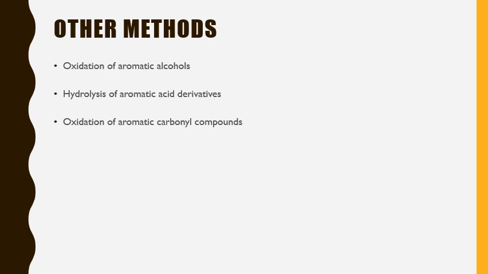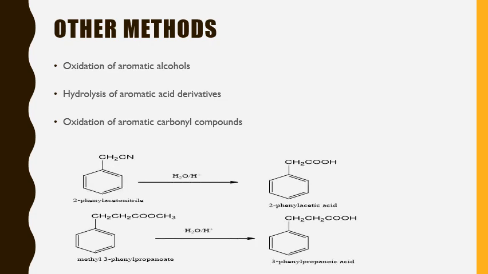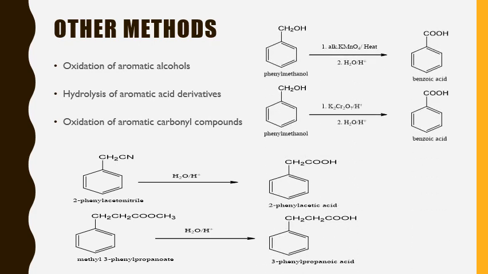So this was for our syllabus, and for your extra knowledge, these are other methods for preparation of carboxylic acids from aromatic compounds. You can use oxidation of aromatic alcohols, hydrolysis of aromatic acid derivatives, and also oxidation of aromatic carbonyl compounds.